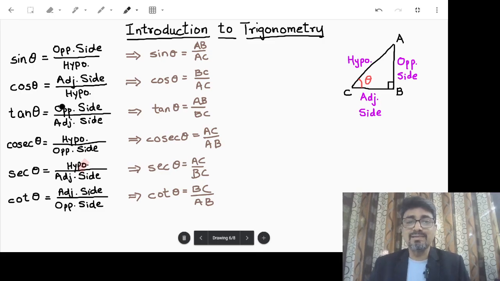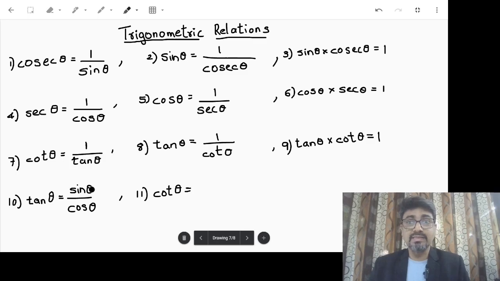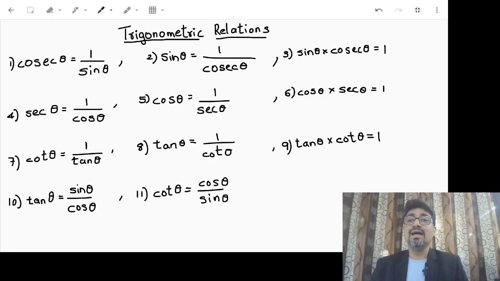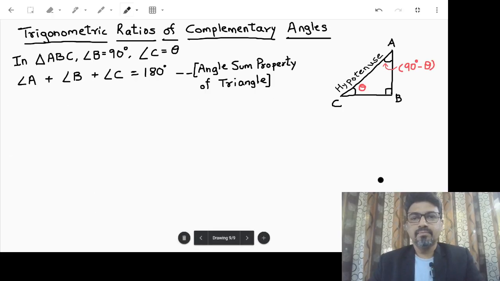So whatever is tan, just take the reciprocal, upside down, it becomes cot. Now tan is sine upon cos. So what will be cot? It will be cos upon sine. Yes, cot theta is equal to cos theta upon sine theta. That's our last trigonometric relation.